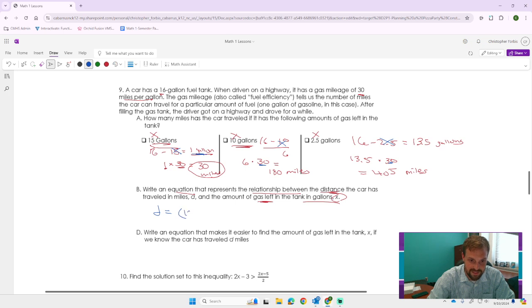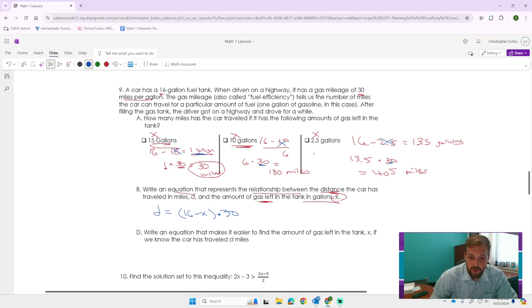We did 16 minus x, or the amount that we had left over, which in the previous problems was either 10, 6, or 13.5. And we multiplied that by 30. And that's our general equation. So however many gallons we have left, we can figure out how far we've traveled.